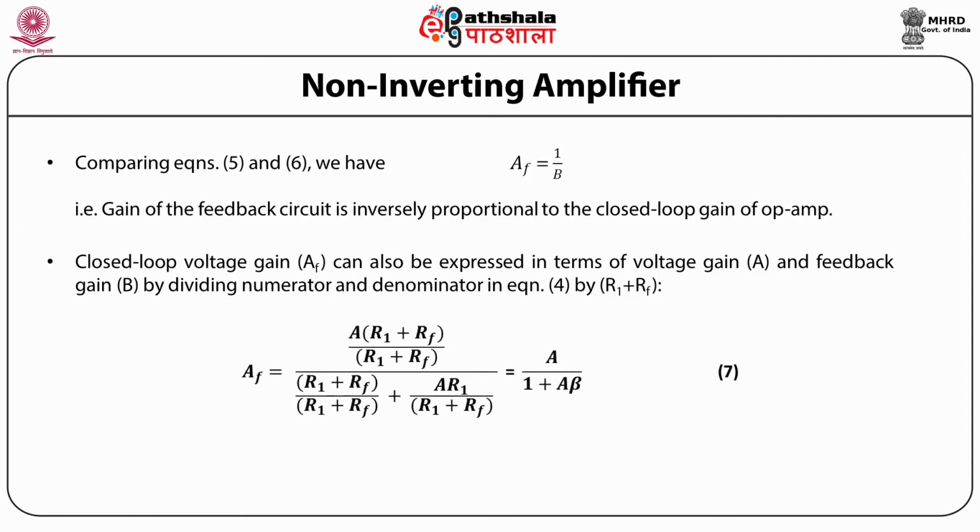Therefore, AF is equal to A times (R1 plus RF) divided by (R1 plus RF) on the whole, divided by (R1 plus RF) by (R1 plus RF) plus A times R1 by (R1 plus RF). So we get AF equal to A divided by (1 plus A beta). This is the expression for the gain of an amplifier with negative feedback.